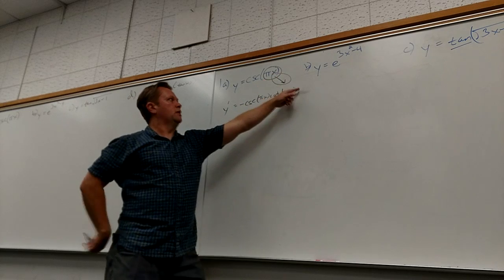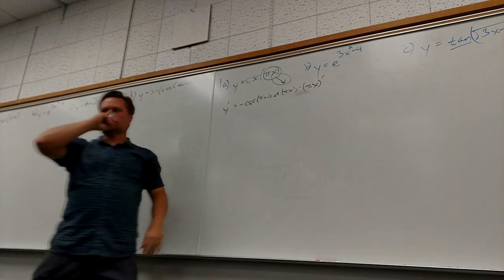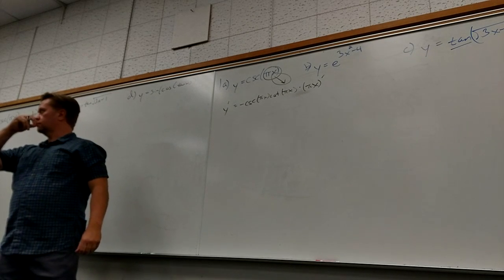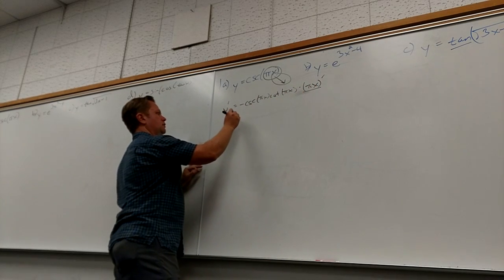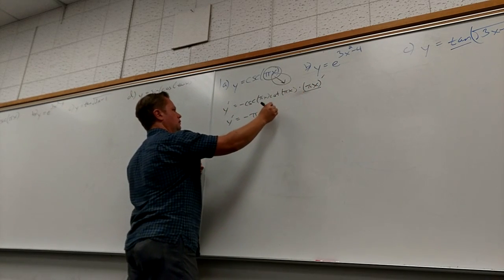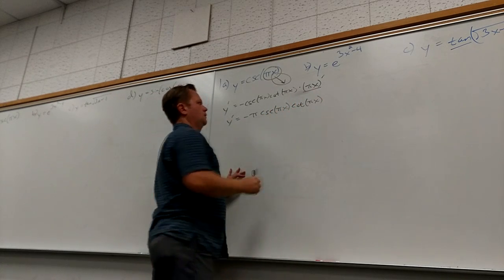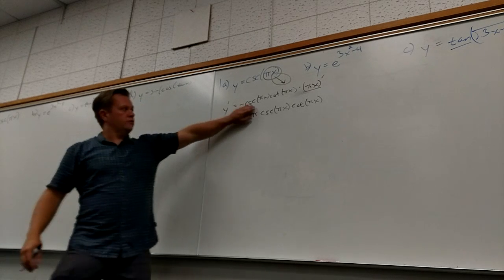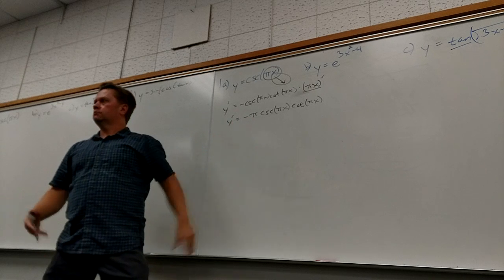And now I have to remember to take the times the derivative of the inside function. So this guy's derivative would be pi. Bring him out front. So there's the derivative of the cosecant, and there's the derivative of the inside piece.